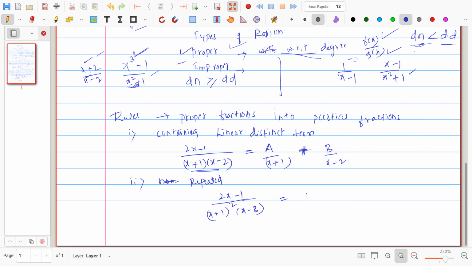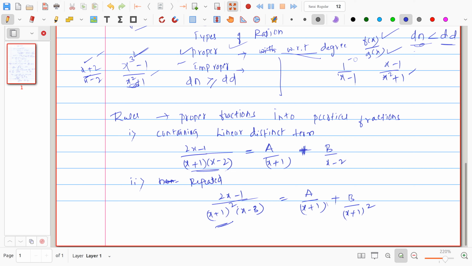So I will write this term two times: a divided by x plus 1, plus b divided by x plus 1 square. I take x plus 1 two times, with degree 1 and degree 2.